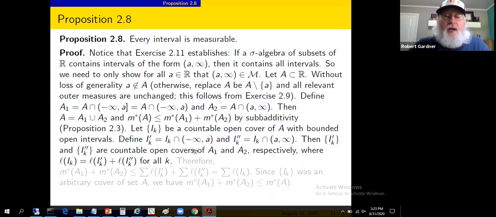So after we've done this intersecting, the I sub k primes and I sub k double primes, because we've thrown out a in both of these, are definitely open intervals. An intersection of open intervals is an open interval. So the I sub k primes and I sub k double primes are countable open covers with bounded open intervals because the I sub k's were bounded themselves.